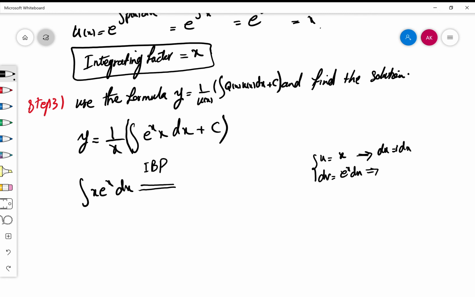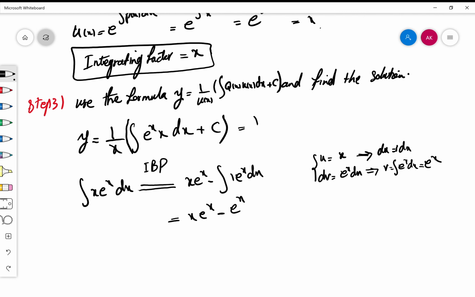From here, v is the integral of e to the power x dx, which is just e to the power x. And integration by parts says that it is x e to the power x minus the integral of 1 times e to the power x dx, and that gives us x e to the power x minus just e to the power x.